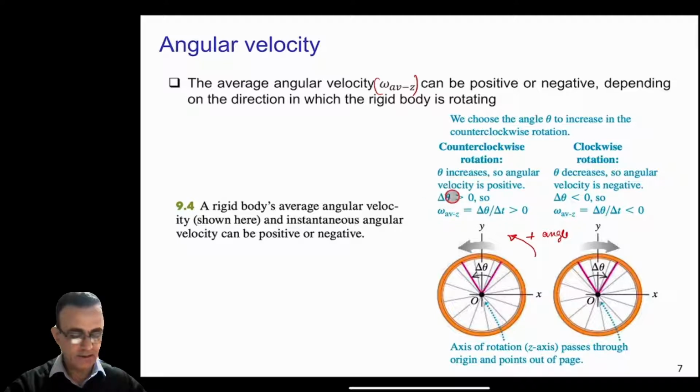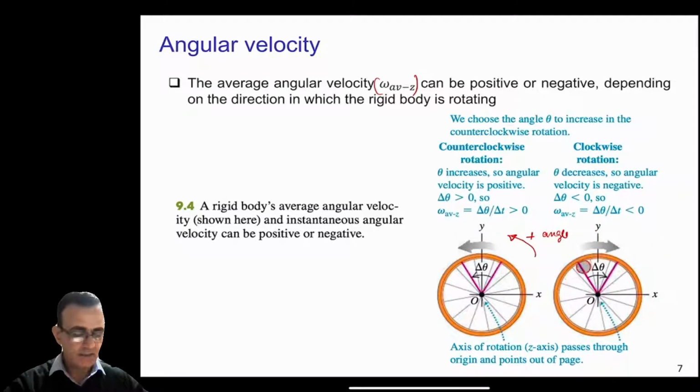We can say that omega average z, which is delta theta divided by delta t, is greater than 0. Delta t is always positive, but because the angle is increasing, the final angle is greater than the initial angle, so delta theta is positive. So the average angular velocity is positive in this case.